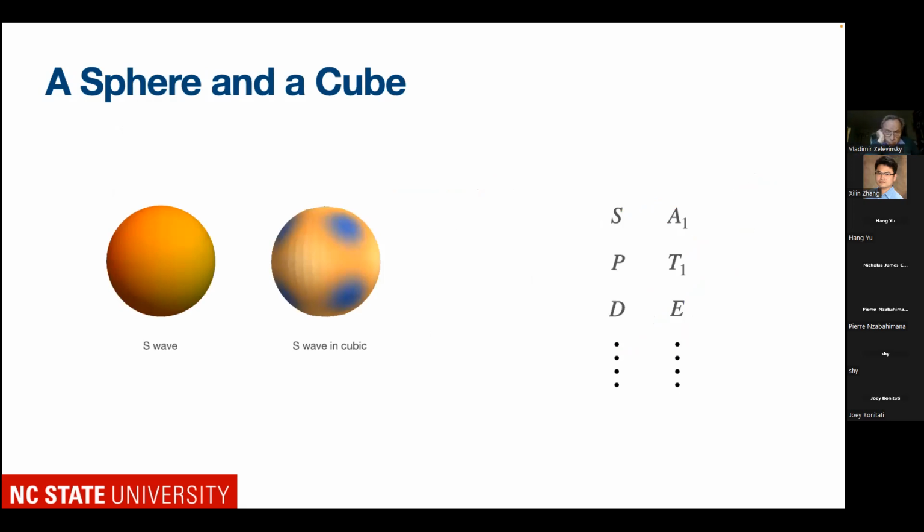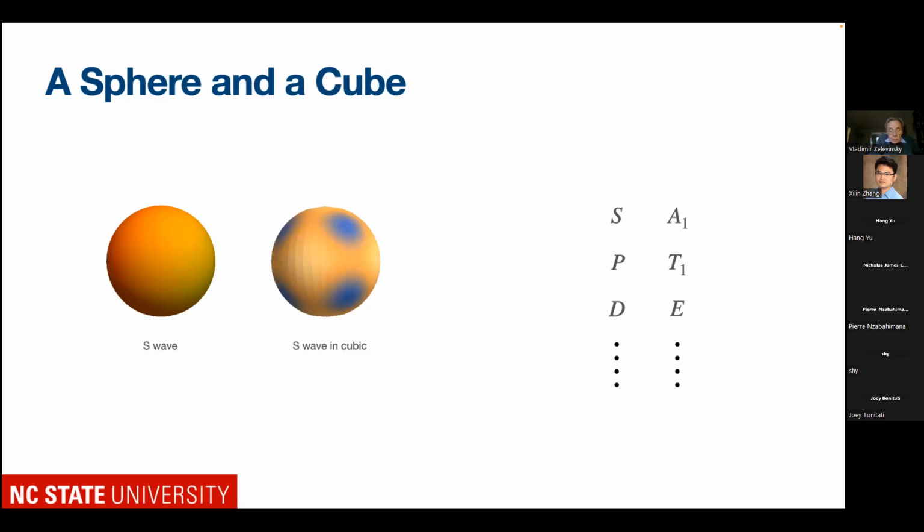We hope everything should simply go from 1D to 3D, but the real world is always complicated. Say for this example, we have a nice S wave in infinite volume, which preserves the spherical and rotational symmetries. But when it goes to the cubic situation with periodic boundaries, this nice symmetric sphere transforms into a complicated situation.